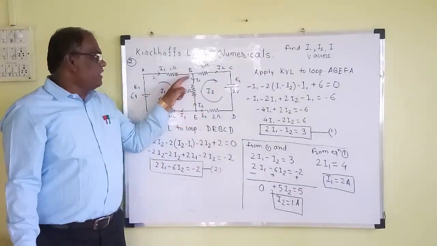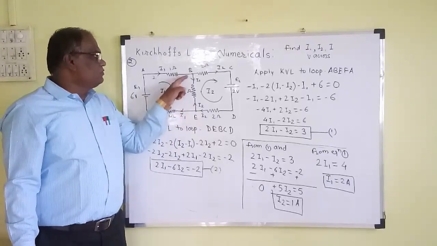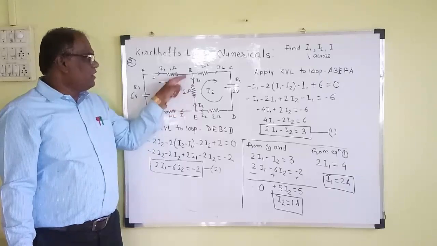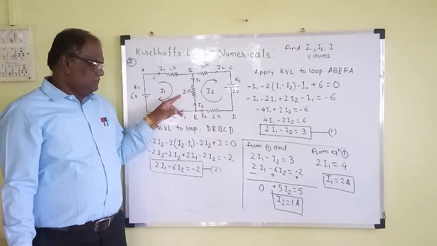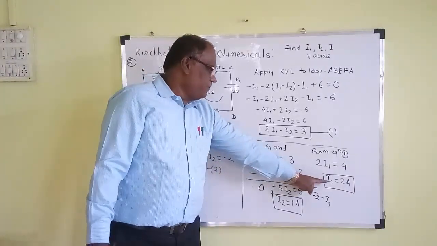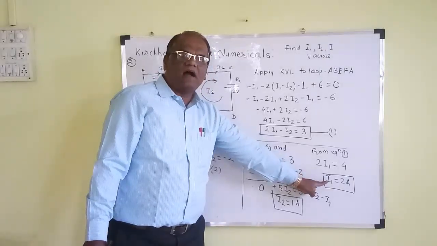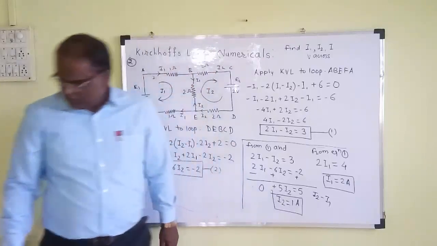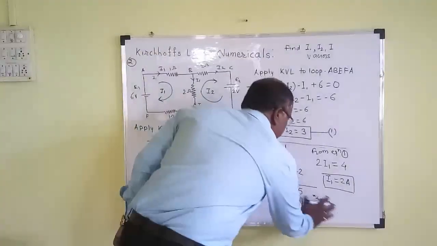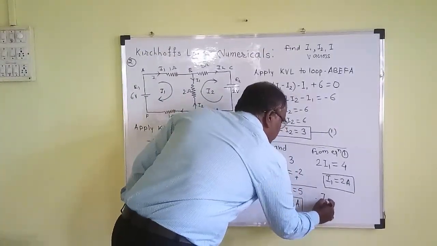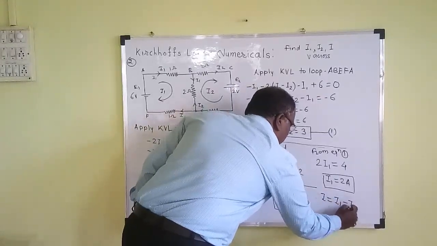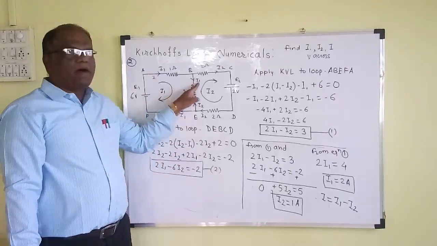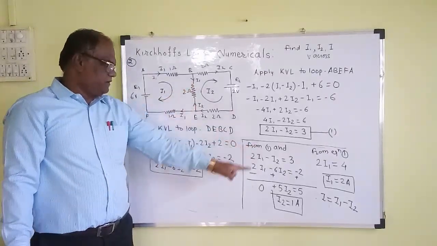Now, what is the value of total current flowing through the branch DE? We know that I1 and I2 are in opposite directions. Now the bigger value is I1, thus total current is I is equal to I1 minus I2, because the value of I1 is bigger, 2 ampere.